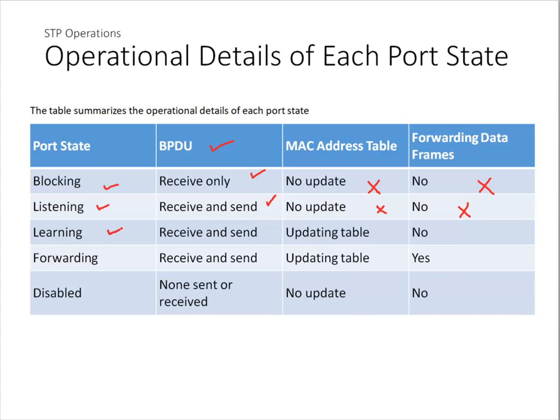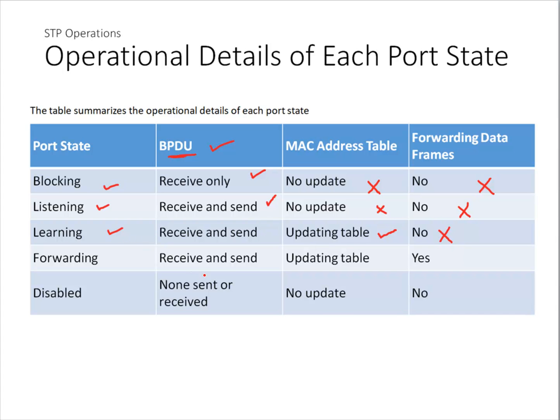If a port is in the listening state, same thing, forwarding is not possible, but it can send and receive only the BPDU, not the data frames. It cannot forward any data packet. Updating the table is allowed, that means the MAC address table will be updated.